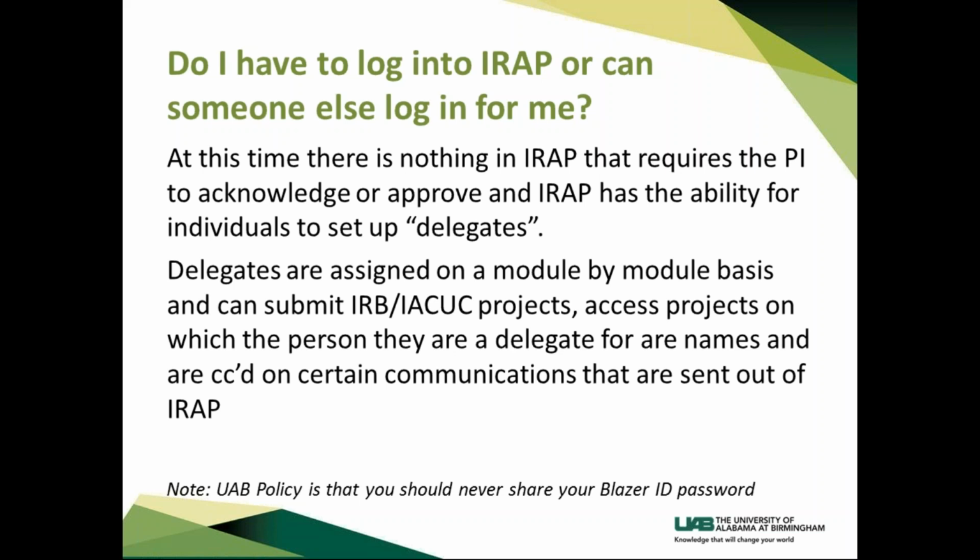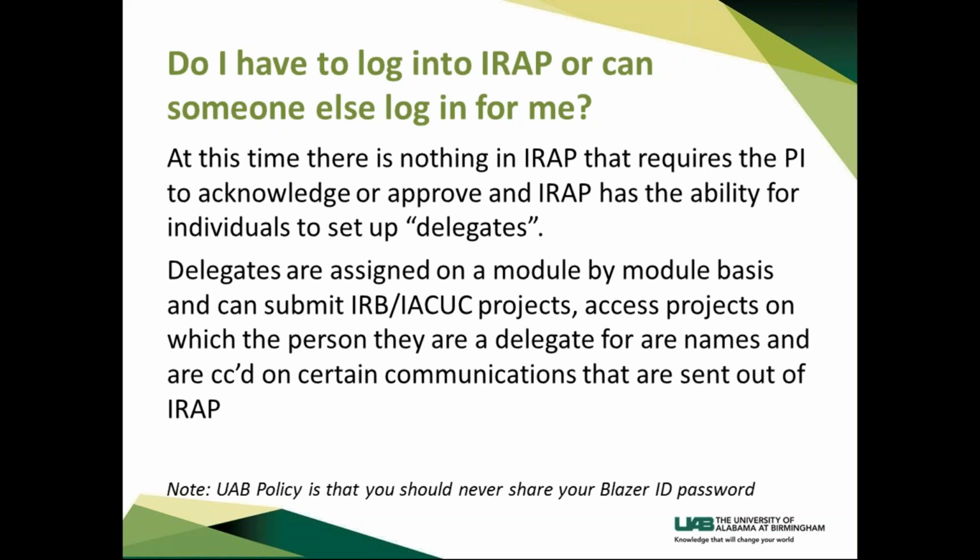When we go to electronic routing, where you would be able to sign off on it electronically, at that point, you would have to log in, because you cannot delegate your signature for some of those documents. And those are regulations from the federal government, for example, in OSP's case.